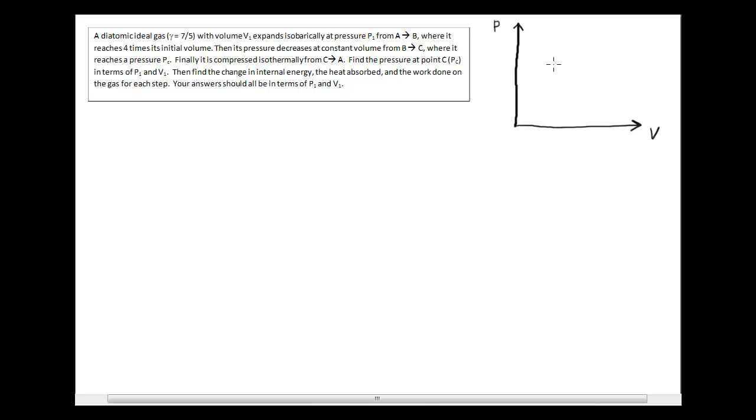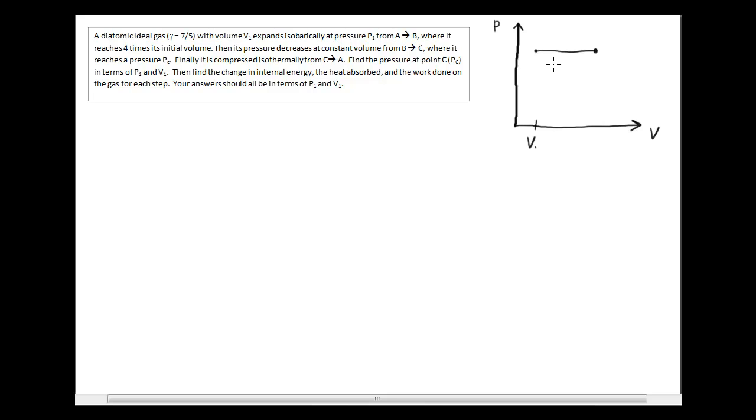So I will just draw on the diagram some initial point here, and then we're going to go over to the right at constant pressure. That's not a very good constant pressure line. Let's try that again. That's a little better. And it says that it goes to 4 times its initial volume.